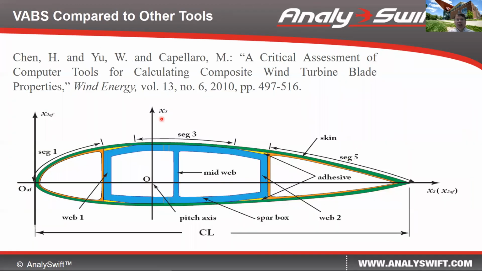VABS has been extensively validated in the literature and also in industry. In this paper from 20 years ago, we provide a critical assessment of VABS against other tools for calculating composite wind turbine blade properties.